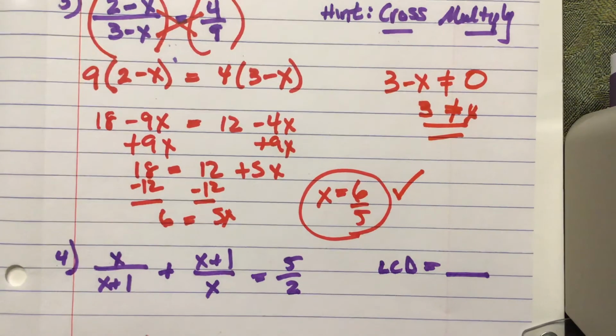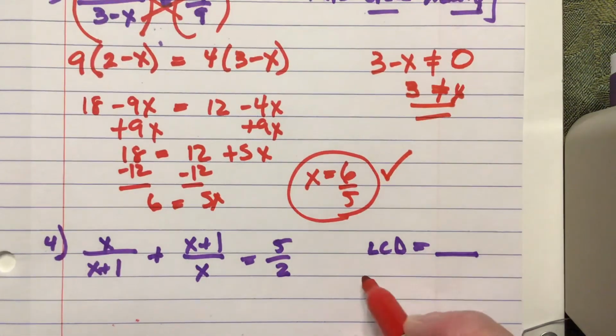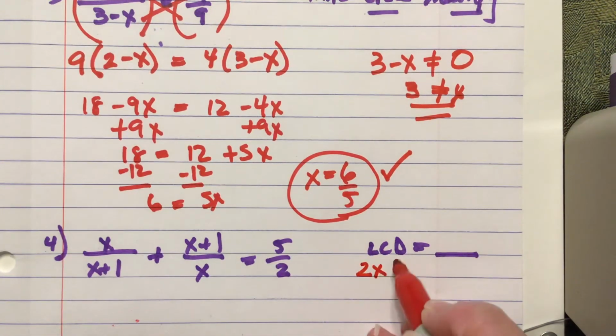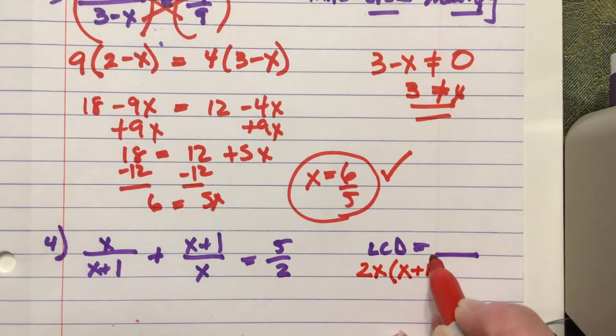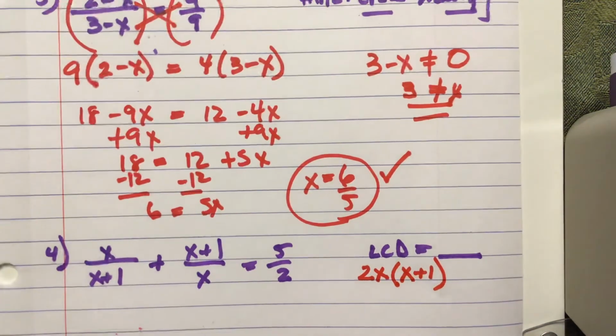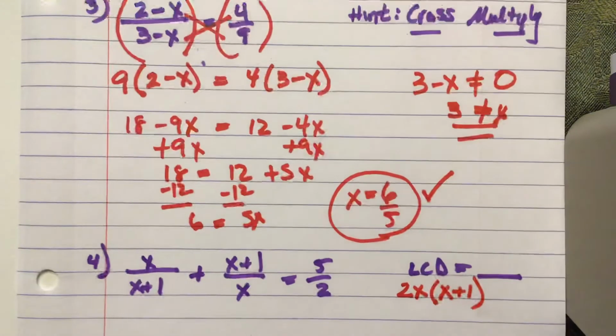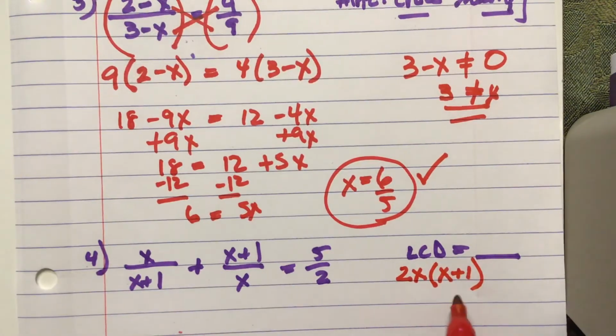In my denominators here, I have x plus 1, I have x, and I have 2. So my least common denominator, I'm going to have to multiply all of those: 2x times (x plus 1). So I'm going to have to multiply each of my terms by that expression.